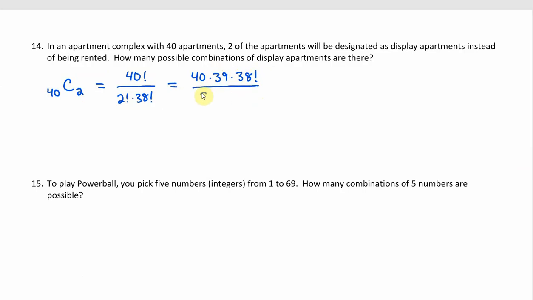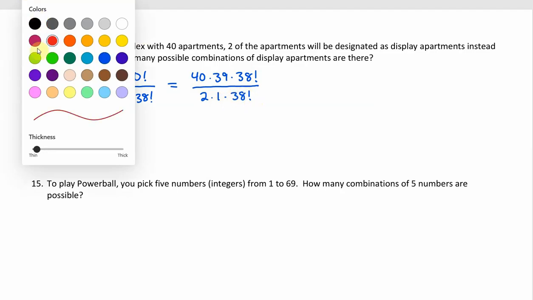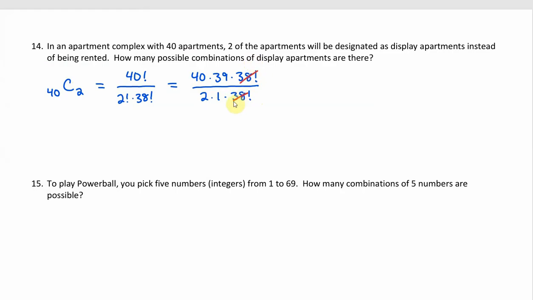Then on the bottom, I guess just a 2 and a 1 and then a 38 factorial. So those 38 factorials are gone. And then the 2 has to go into 40. So it looks like we've got 20 times 39, which is 780.